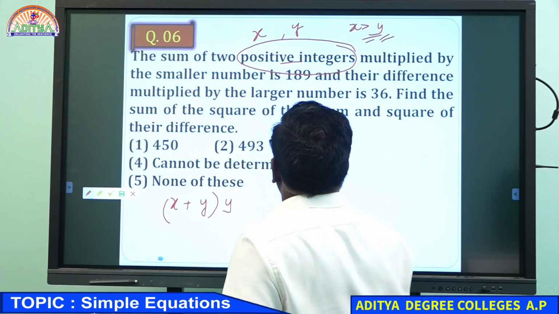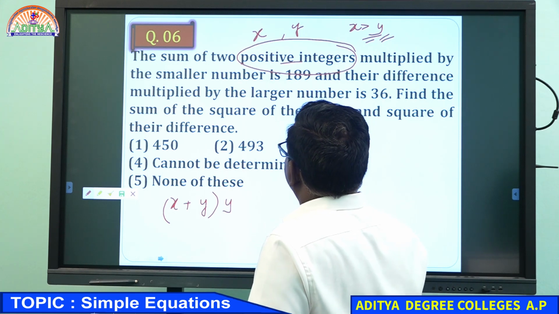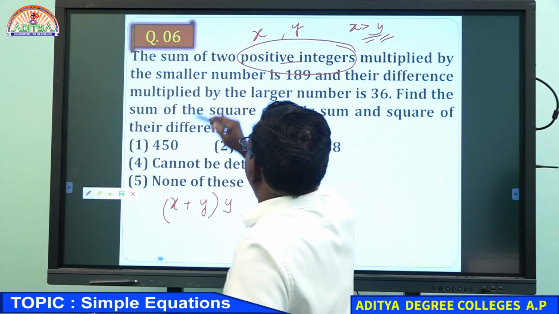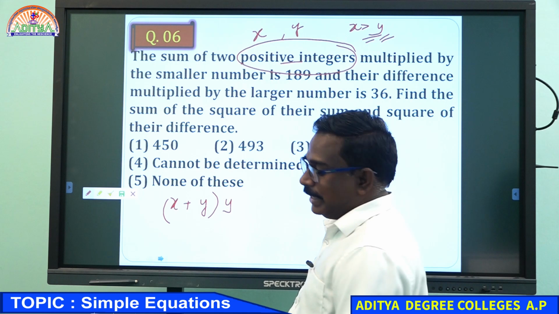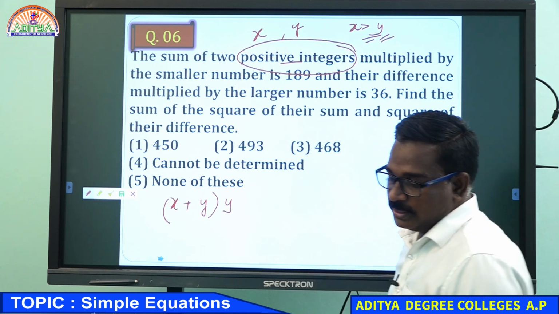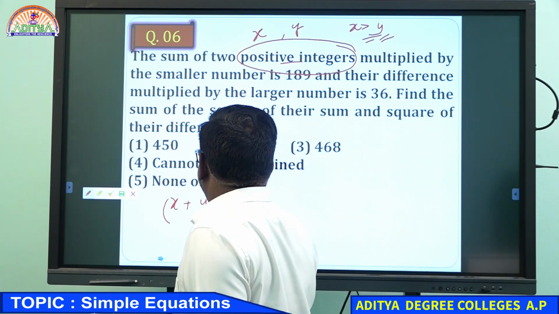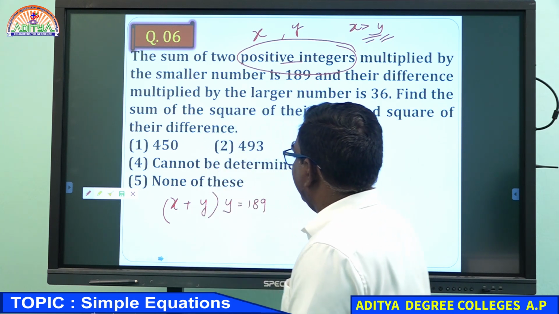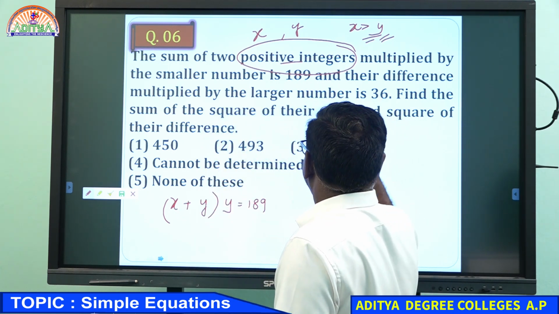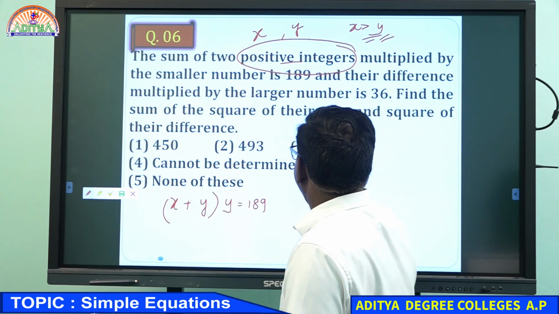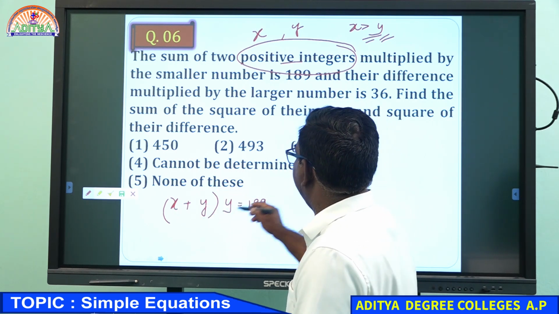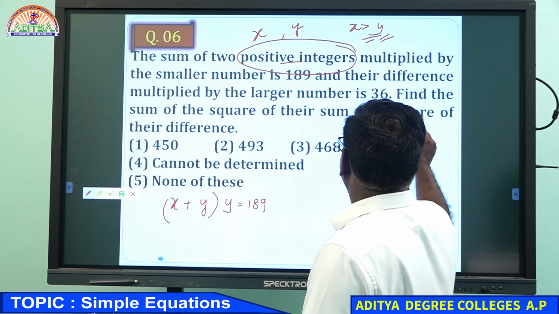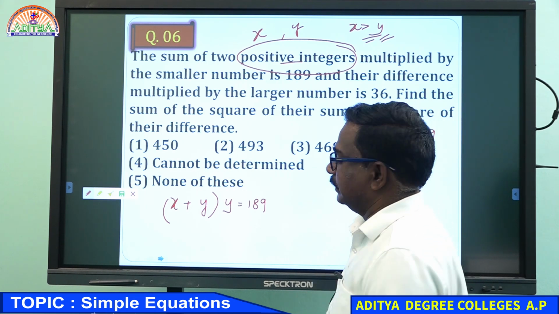That is the first condition: multiplied by the smaller number is 189. That means xy plus y square, x into y plus y into y, equal to 189. That is the first condition.